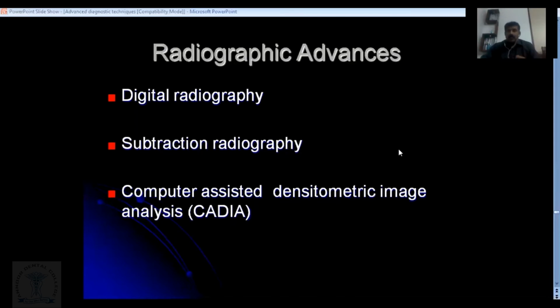And the fourth one is, you can say, CBCT. You don't use CT much in dentistry. When you look at periodontal diagnosis, you can say 4. I've not included the 4th, but I will discuss that also. So one is digital radiography, second is subtraction radiography, and third is CADIA, or computer-assisted densitometric image analysis.